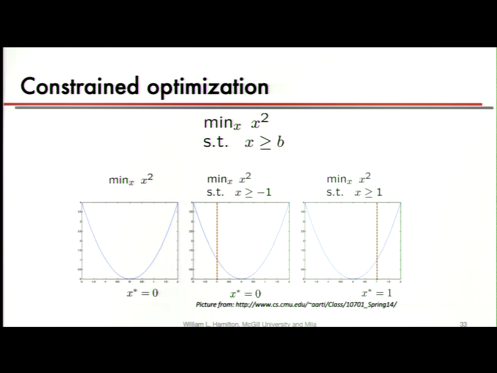We can have x equals -1 or 1, right? So now that we've added these constraints, we can't just find the extremum of these points by running gradient descent or by taking derivatives. We actually have to think a bit harder, and the best solution is not going to be where the derivative of x squared equals 0.